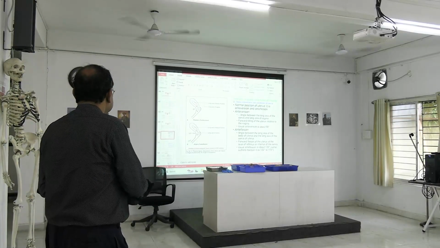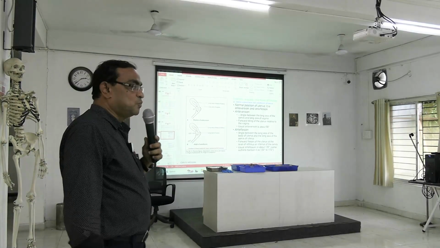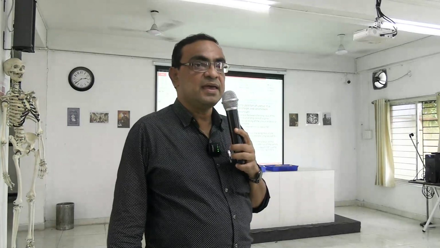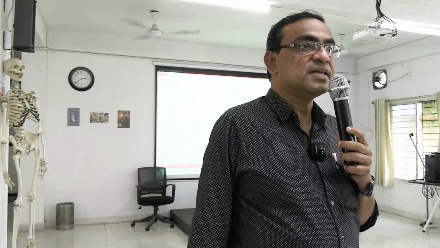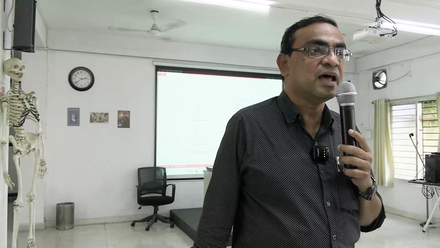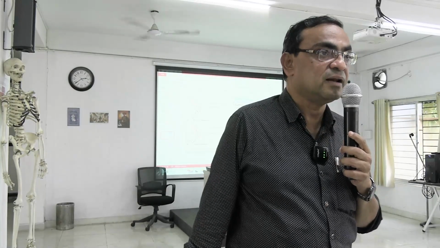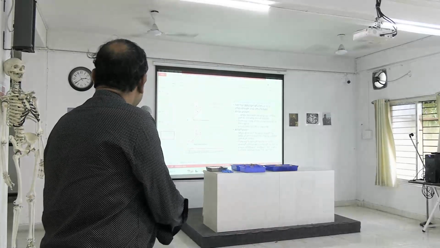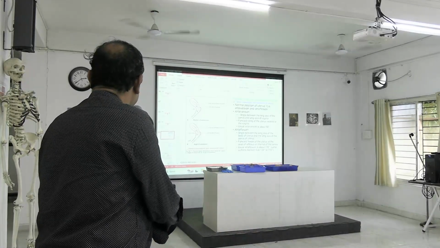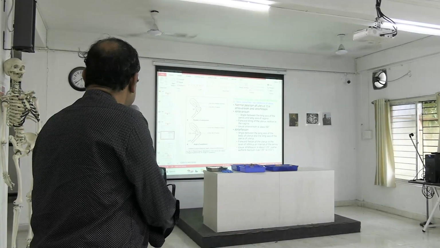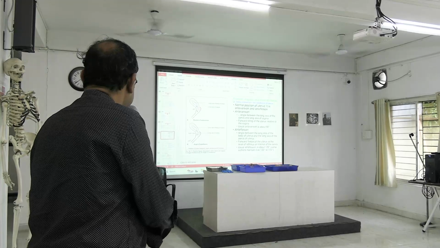Now, this is the angle I was talking about. There is an angle between the long axis of the uterus and the long axis of the vagina or vaginal canal. You can see this is the long axis of the uterus and this is the long axis of the vagina.